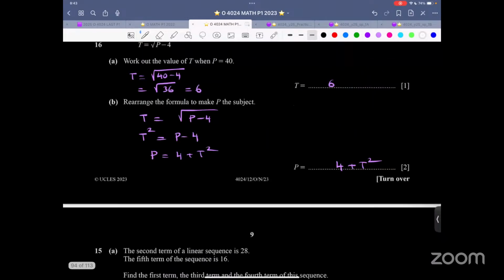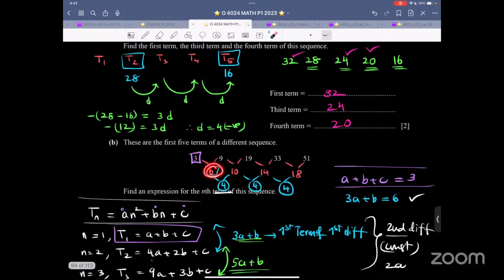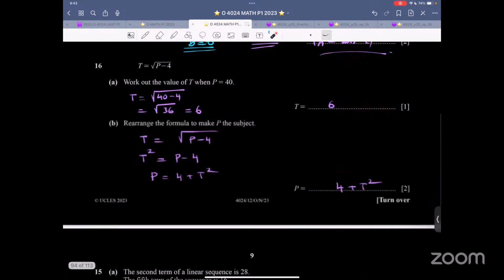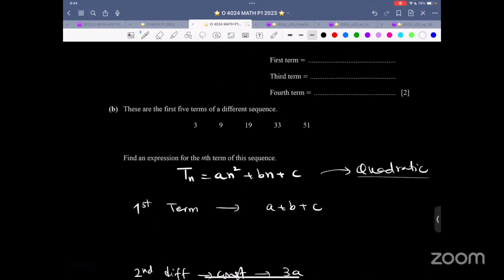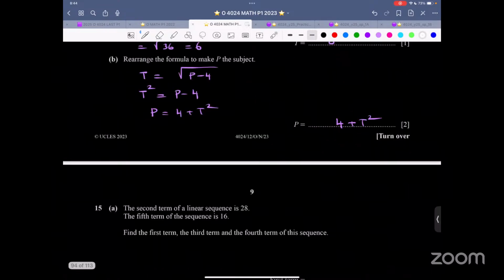And this thing over here, the first term of the first difference, is 3a plus b. So you solve these 3 equations: you start with this, then you move to this, then you move to this, and that's how you get this answer.